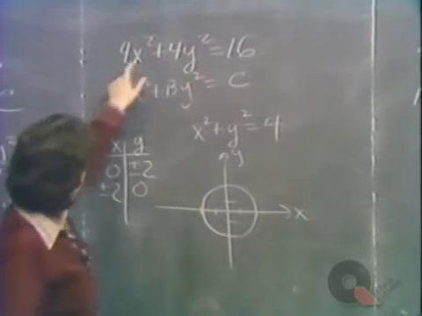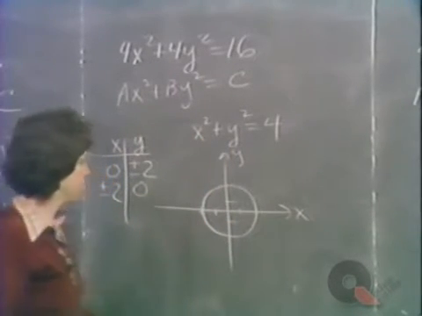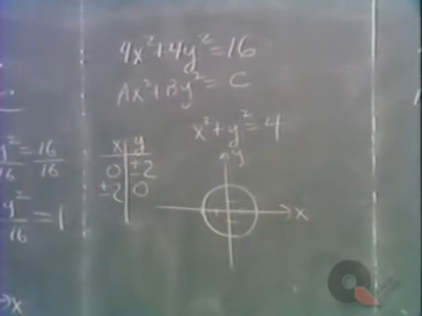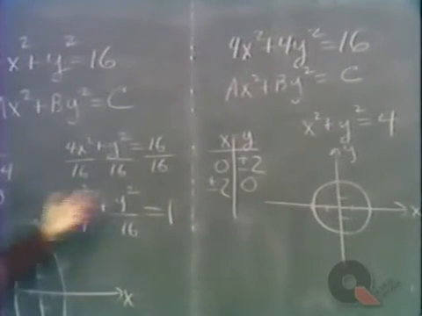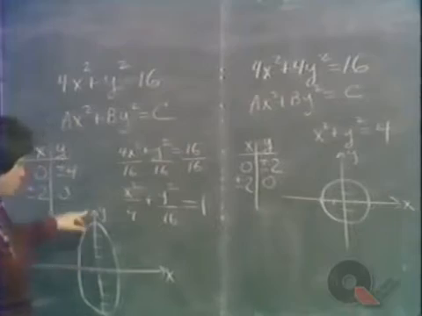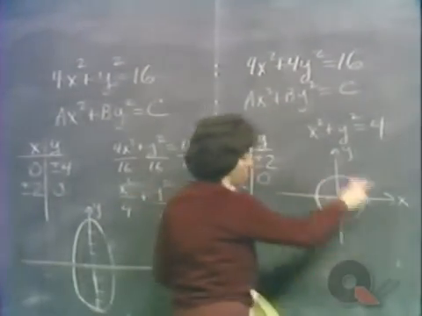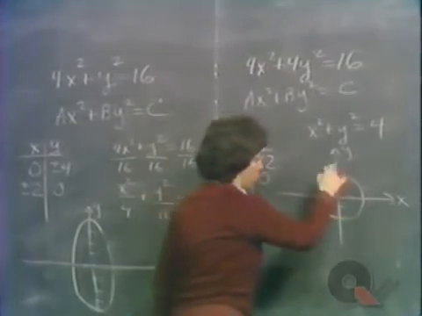If these numbers are going to be the same, then naturally the x and the y intercepts are going to be the same. Here, these coefficients were different, and you had different values for the x and y-intercepts. Here the x-intercepts were 2 and minus 2, but the y-intercepts were 4 and minus 4. Here the x and the y-intercepts have the same values, 2, 2.